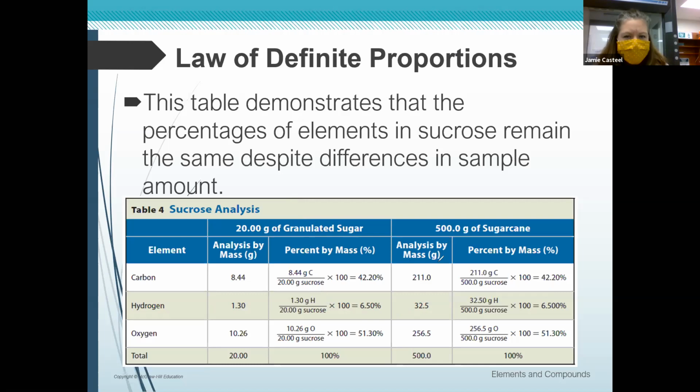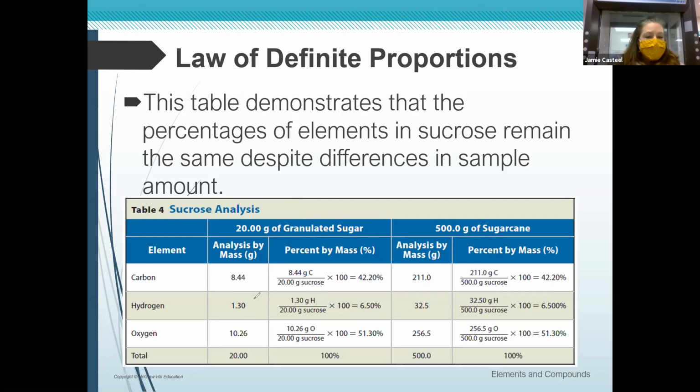Times 100. Don't forget, percentages times 100. Is everybody okay with that?